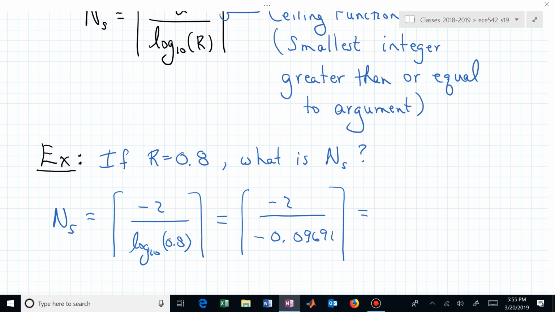We have a positive value for sample periods, and that underneath the ceiling function is 20.64, which says that if we're really talking about samples, we have to sample at least 21 times before we get to something less than 1% or 0.01 of where we started.